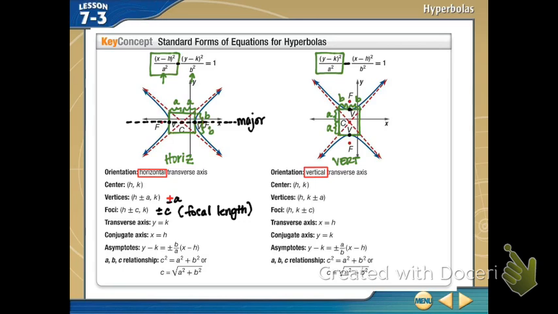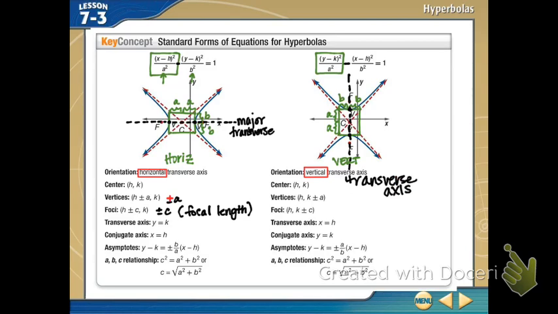We'll write major or transverse. On my vertical hyperbola, the transverse axis runs this way. So that's the transverse or major axis.